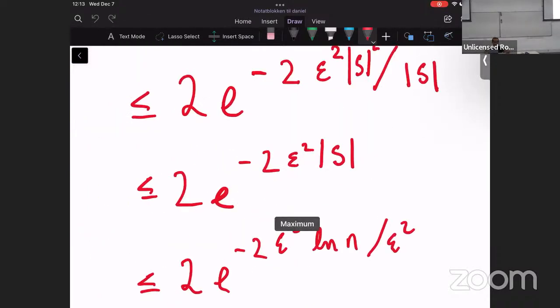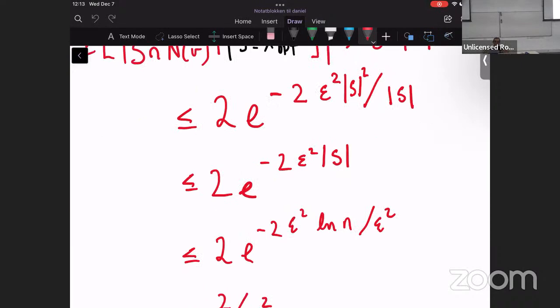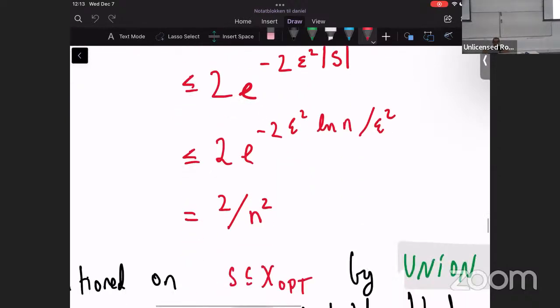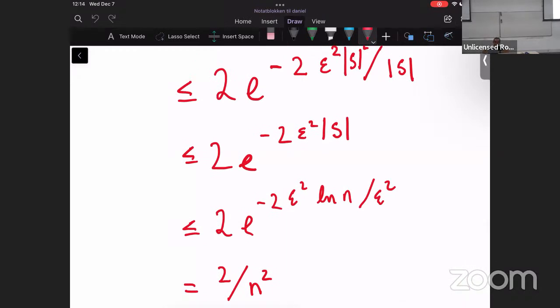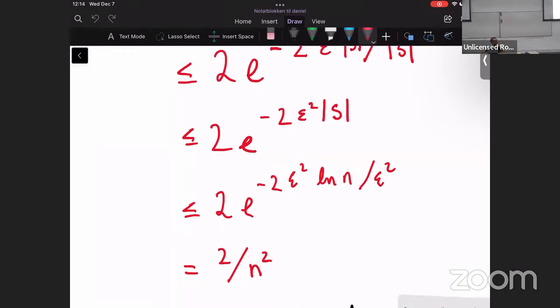What am I getting at this point? I'm getting that this is at most 2 to the minus epsilon squared S. Plugging in my choice for the size of S, notice the epsilon squared canceled. This is why I chose S to be ln n divided by epsilon squared.